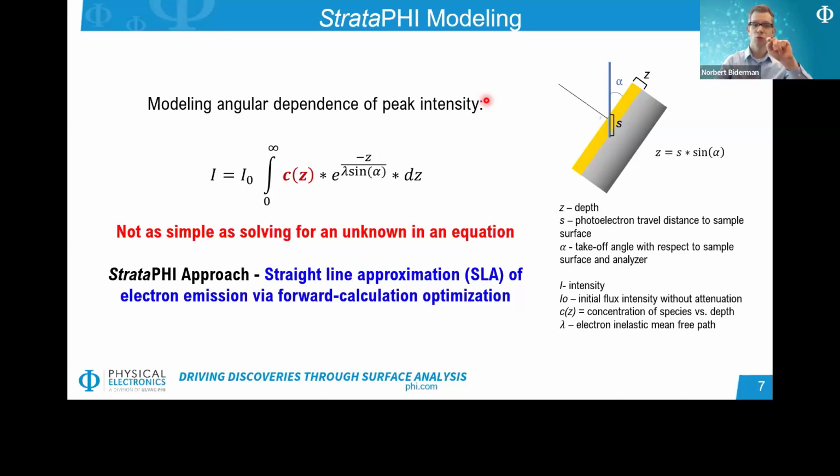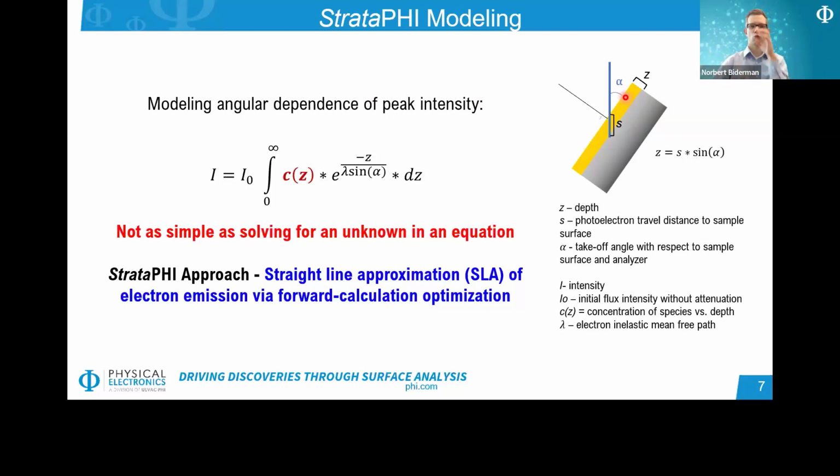So our approach, using Stratify, we use the forward calculation. And we do that by using the straight line approximation, SLA, which really means, if you look at the image on the right, the blue arrow represents the path to the detector.